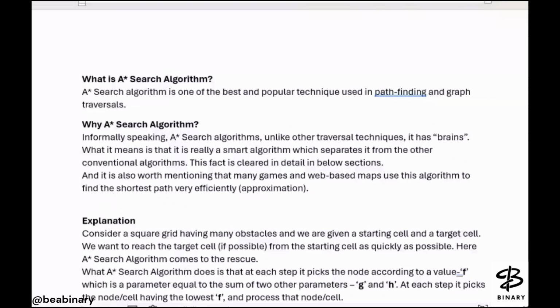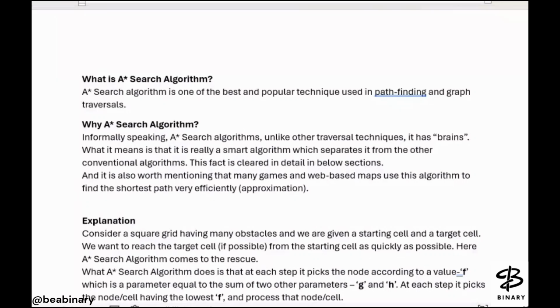Why does it have a brain? Because it works on the lowest cost nodes. It is really a smart algorithm, which separates it from the other conventional algorithms. As mentioned, many games use this algorithm to find the shortest path, or the approximate shortest path, very efficiently. That's why we say it has a brain.